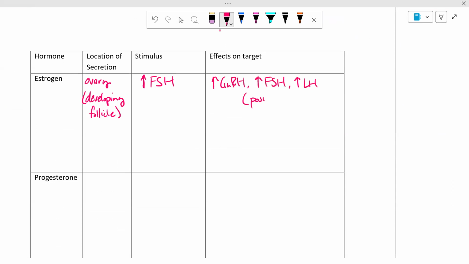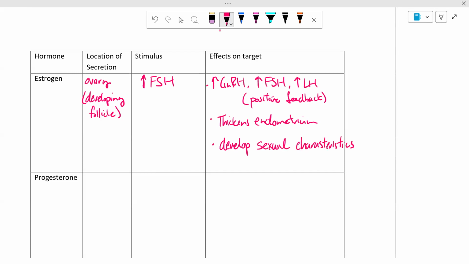These are called positive feedback. Thickens endometrium. If we're talking about puberty, then this will also develop sexual characteristics. I think they're called secondary sexual characteristics. Okay.